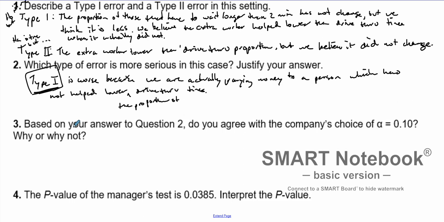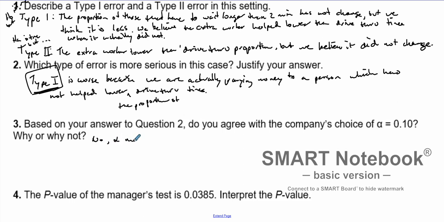So you want to make sure that you identify when it is actually true. So in this one, I would probably say no, we probably want to reduce that. Do you agree with the company's choice of that? No.